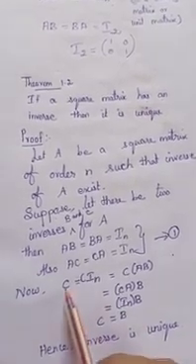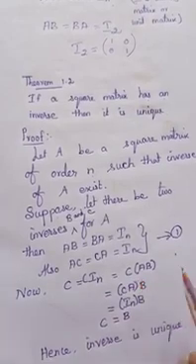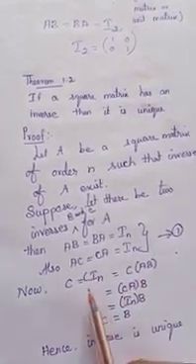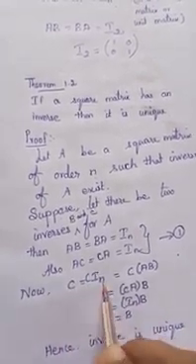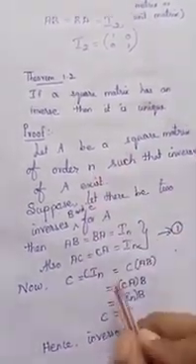I am taking C. We know that when we multiply a matrix with the identity matrix, we get the same matrix. So I have written C as C into I n, because we have taken order n.